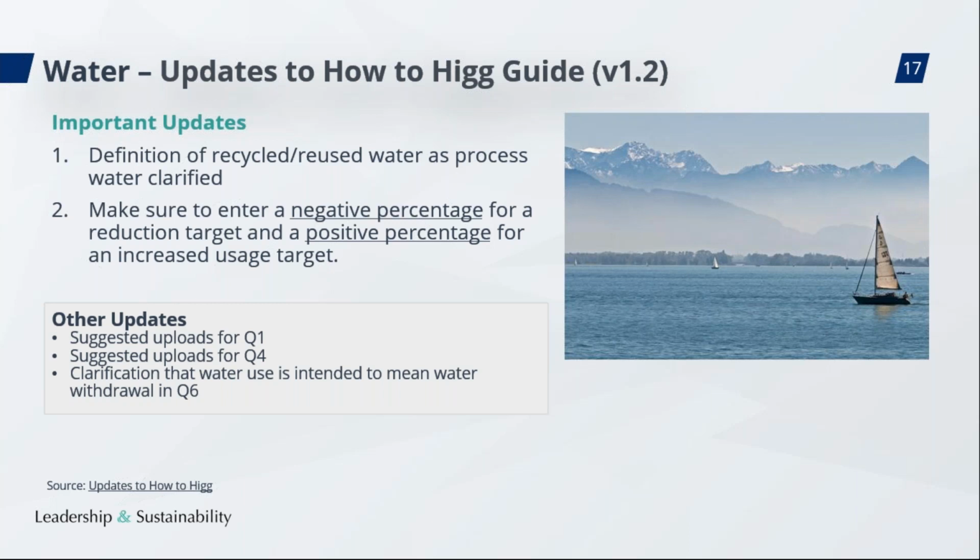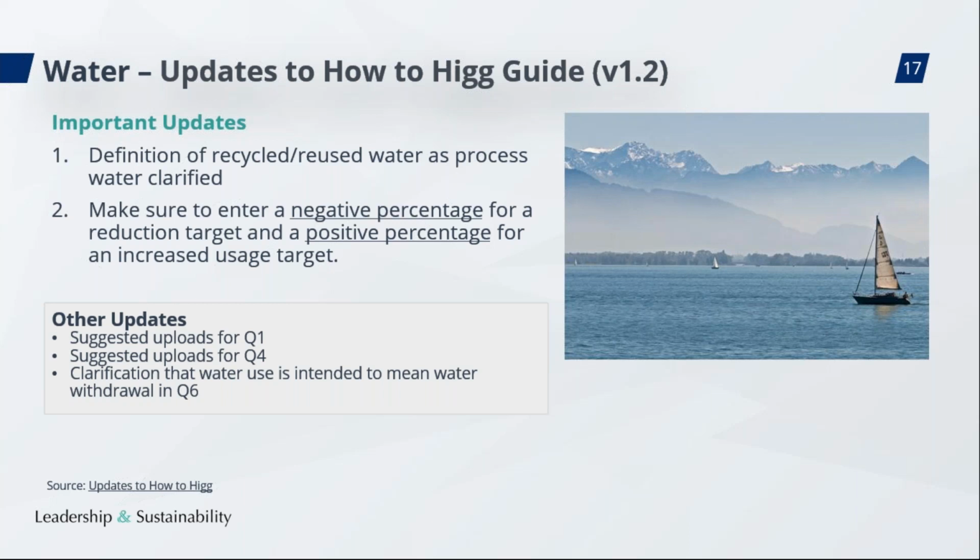Firstly, the definition of recycled or reused water as processed water has been clarified according to GRI, the Global Reporting Initiative. G4's explanation of indicator EN10: recycled or reused water is defined as an act of processing used water or wastewater through another cycle before discharge to final treatment and/or discharge to the environment.